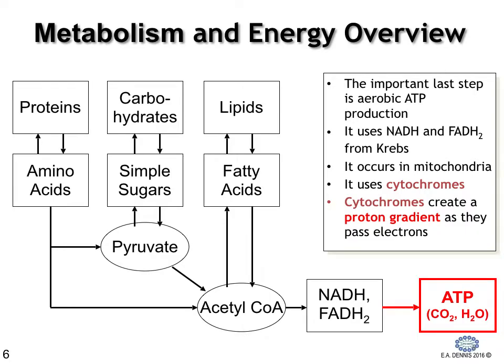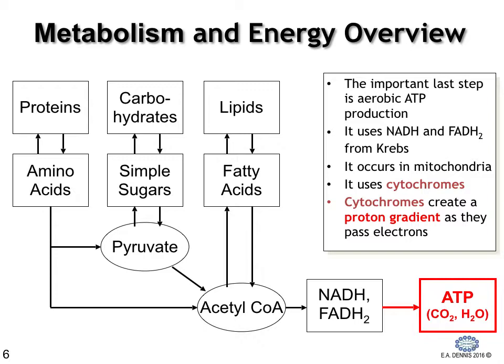Let's first summarize some earlier lectures in which the point was made that everything we eat breaks down to acetyl-CoA, whether it's proteins or carbohydrates or lipids. The former two first are broken down to amino acids and simple sugars, and whether they go through pyruvate or not, along with fatty acids, one ends up with acetyl-CoA that then goes through the TCA cycle, generating units of NADH and FADH2.